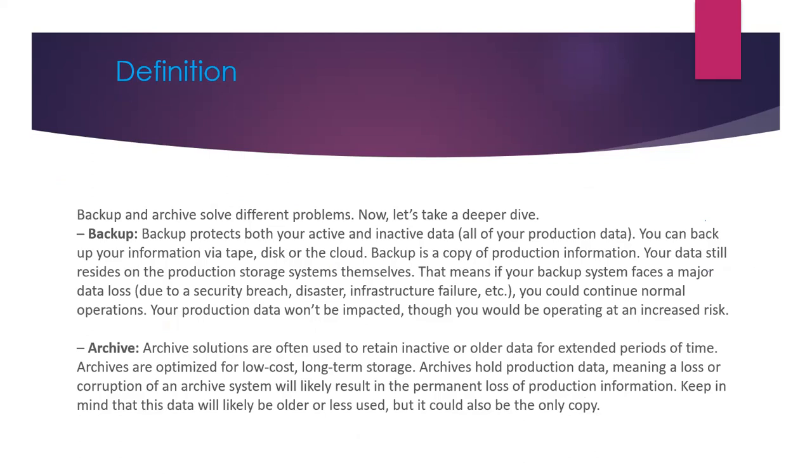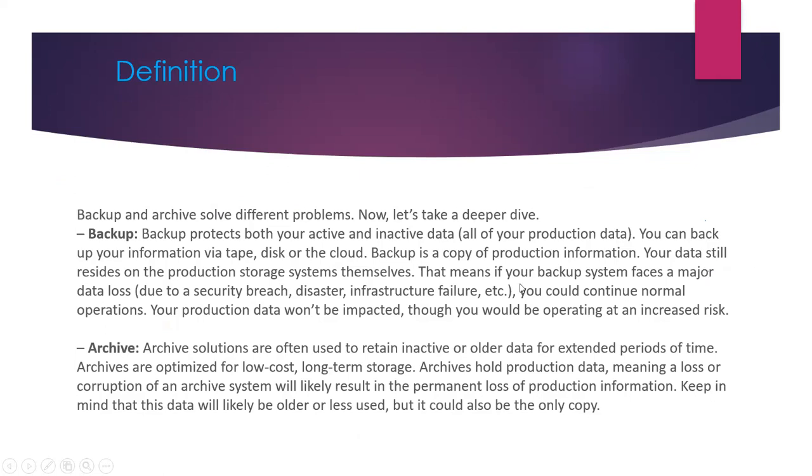So in a simple way, we can first check the difference between backup and archive. Backup protects both your active and inactive data, all of your production data. You can back up your information via tape, disk, or the cloud. Backup is a copy of production information.